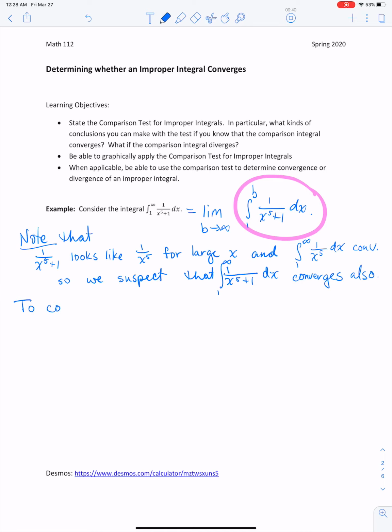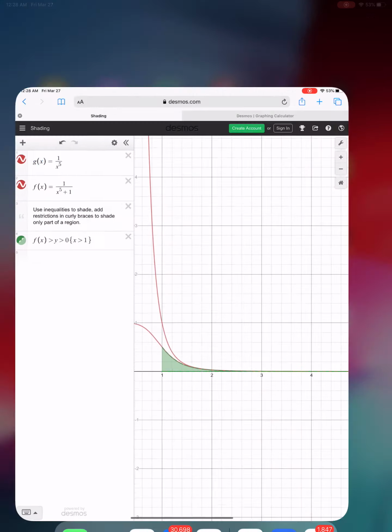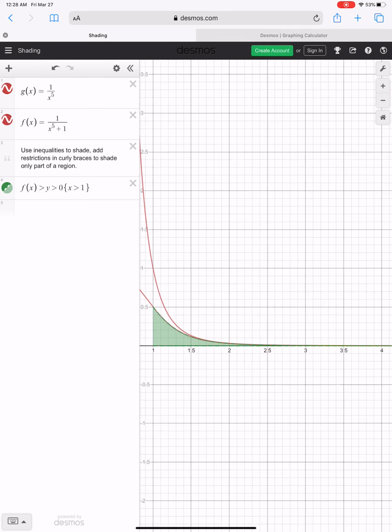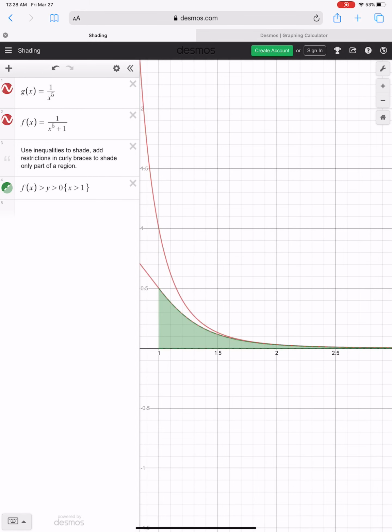To confirm our conjecture, what we want to do is use the fact that 1 over x to the fifth actually converges, combined with the fact, and I didn't point it out very clearly the first time we looked at these functions, but we want to combine that with the very important fact that actually everywhere along the interval that we are integrating over, 1 over x to the fifth plus 1 lies below 1 over x to the fifth.